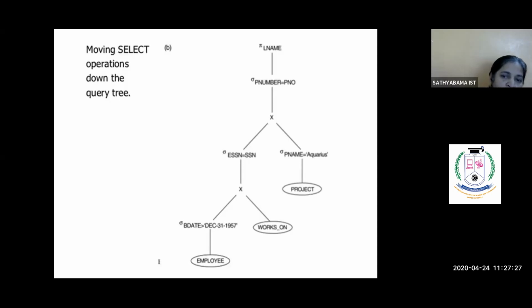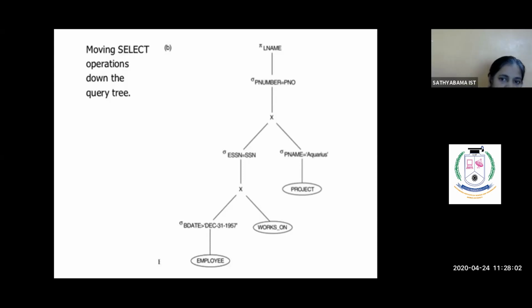Instead of combining all attributes and all rows, now we are filtering by using select operation. Based on this condition, all the relevant rows alone will be fetched as a resultant table. That resultant table will be combined with works on table by means of Cartesian product, where all the attributes will be combined and redundant rows will be generated.